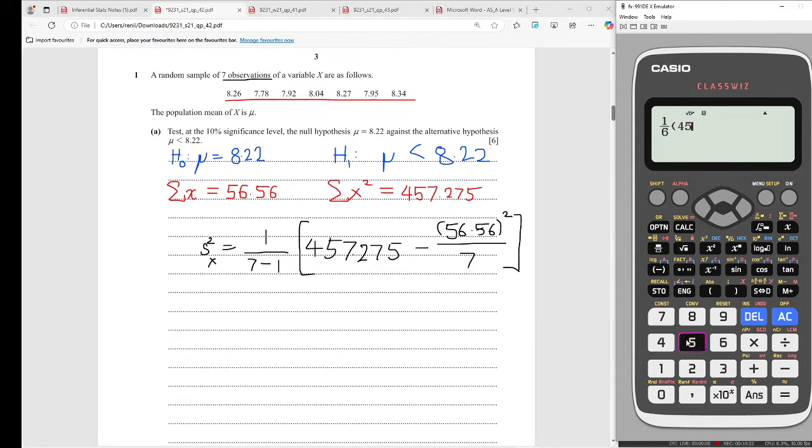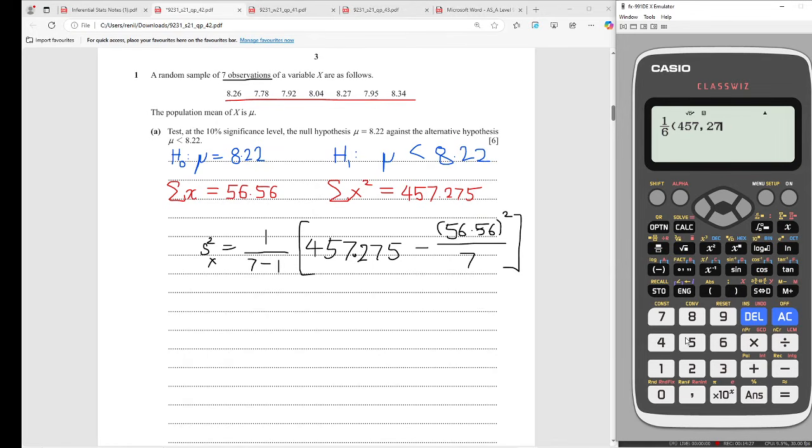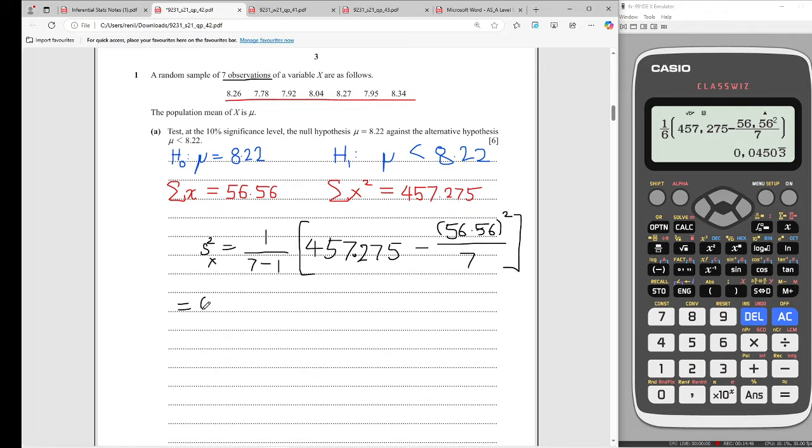So we have 457.275. This is our sum x squared. As for the other one, we have 56.56 whole squared divided by 7. And this is our S2 of x, which is 0.0503, it's recurring, but yeah, we can just put that.